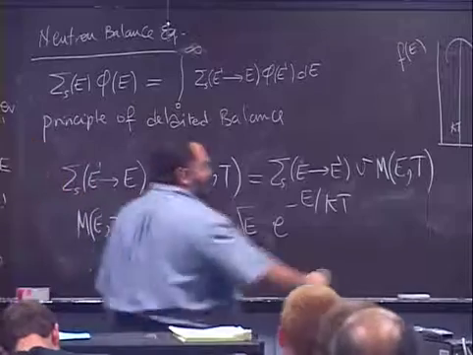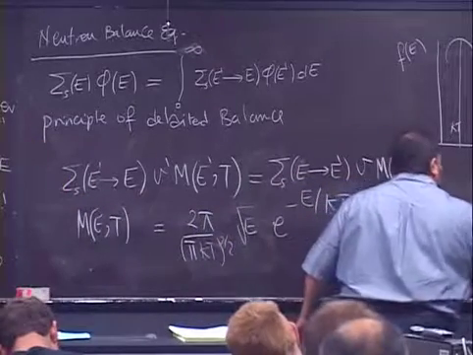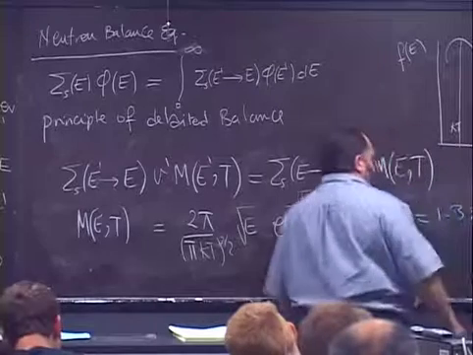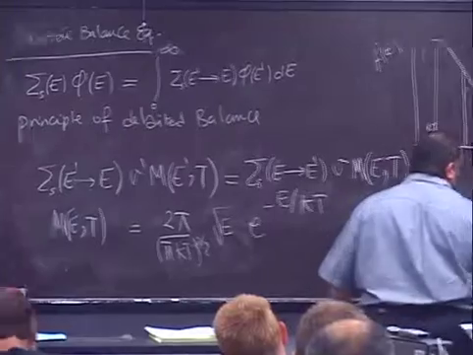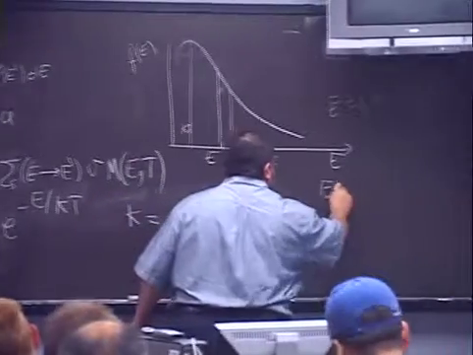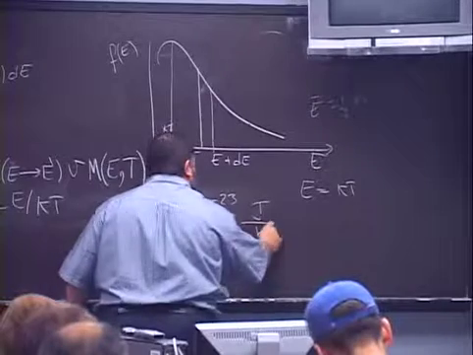This is Boltzmann. So k is just 1.38 times 10 to the power of minus 23, and it is joule per what? Per degree Kelvin.